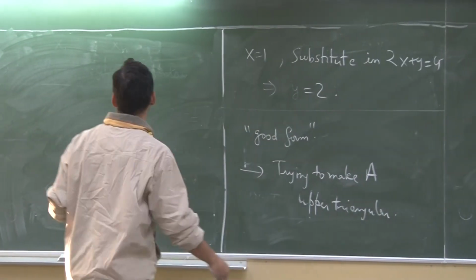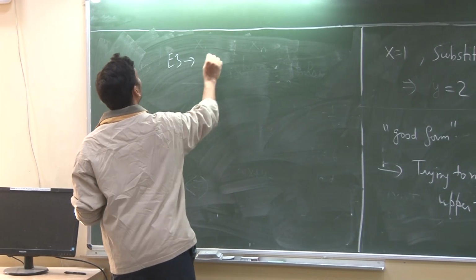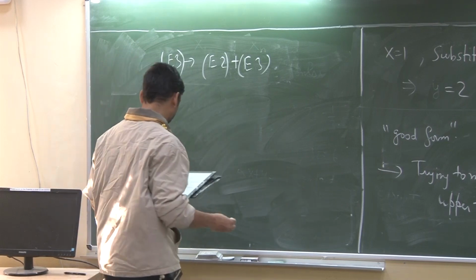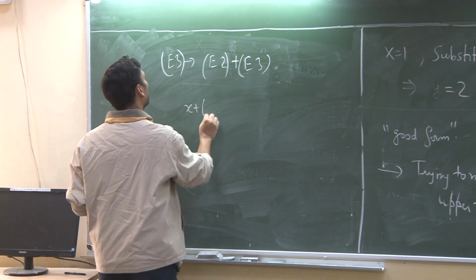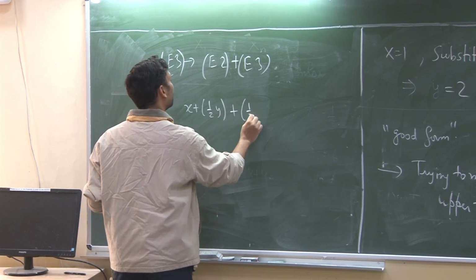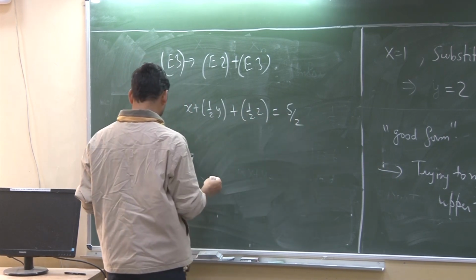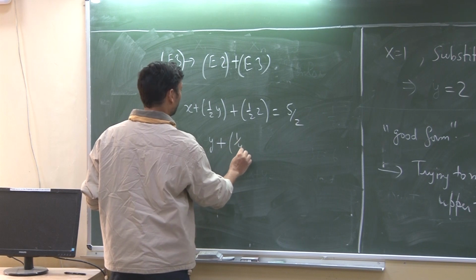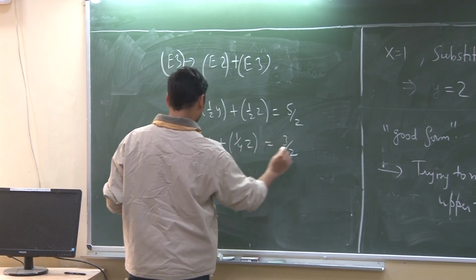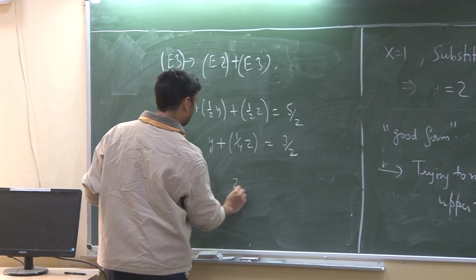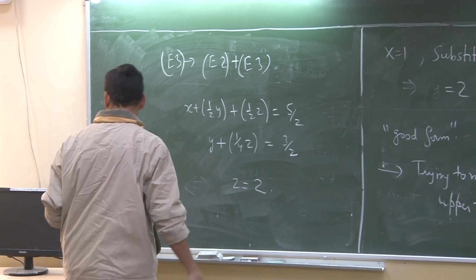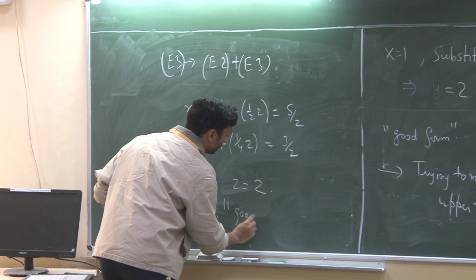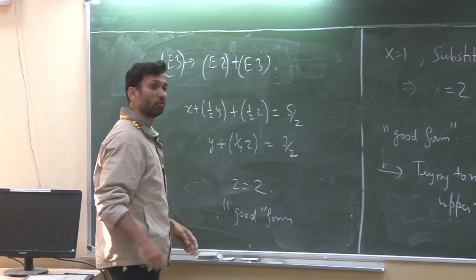In this case, life is simple. I replace E3 with E2 plus E3. And then once again, we have things in good form.